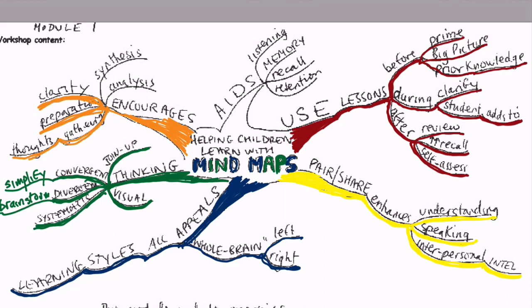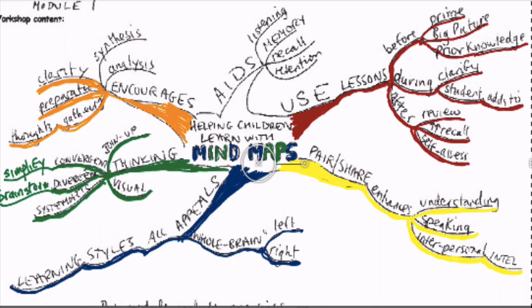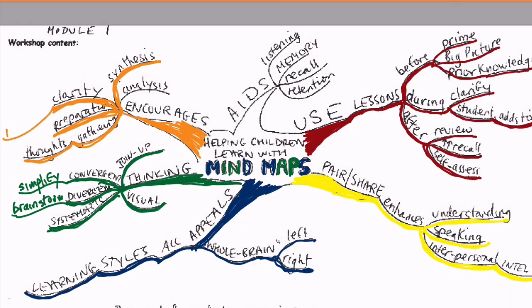Mind mapping encourages clarity because, apart from anything else, two things really. One is that a map is spread out. There's plenty of white space, and so we can see the ideas clearly on a single sheet of paper. Mind mapping encourages both synthesis and analysis. So the synthesis is where we're putting together new ways of looking at things, and this is basically what creativity stems from, synthesis.